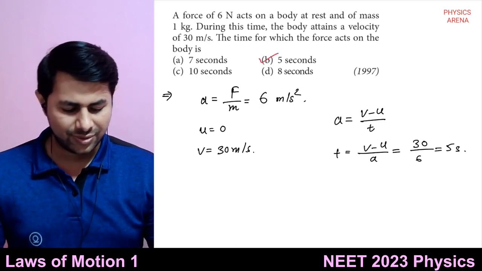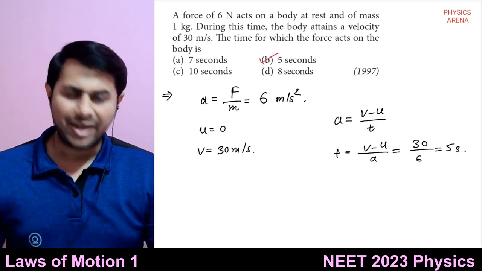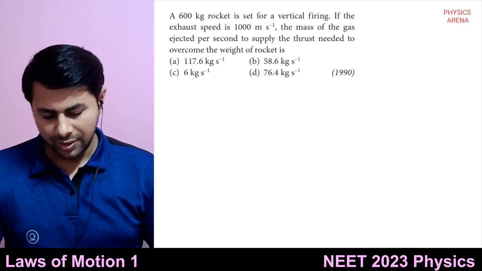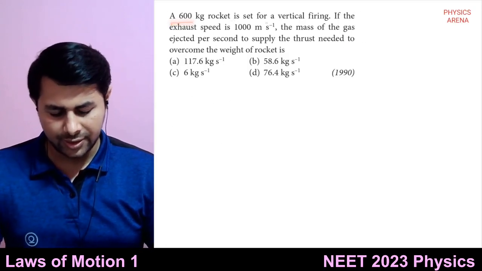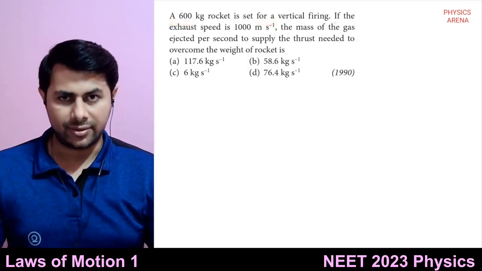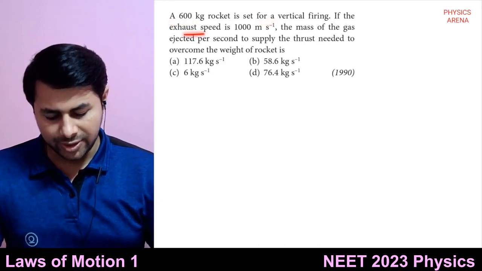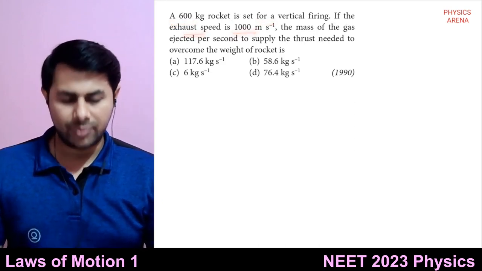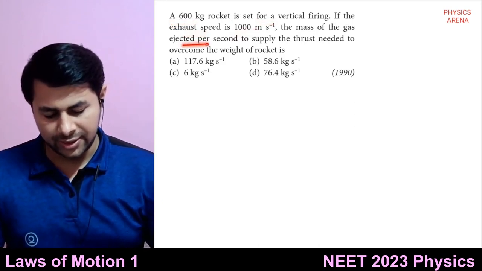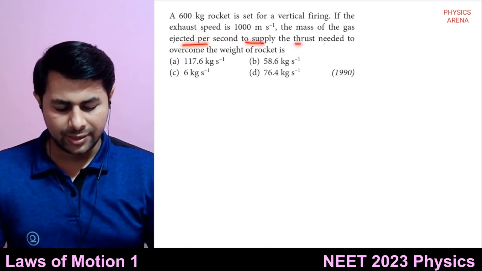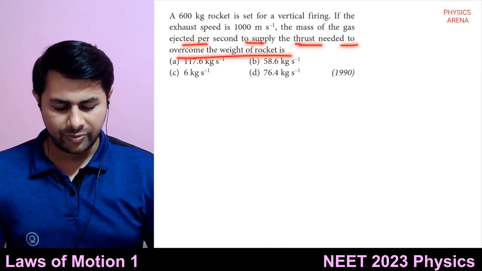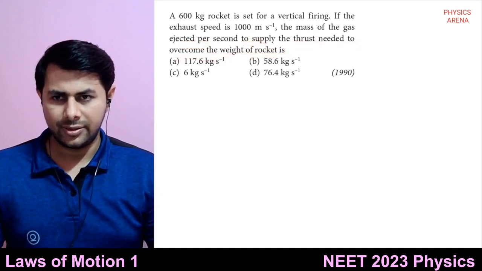Okay, so this was back in 1997. A 600 kg rocket is set for a vertical firing. If the exhaust speed is 1000 meters per second, the mass of the gas ejected per second to supply thrust needed to overcome the weight of the rocket is.